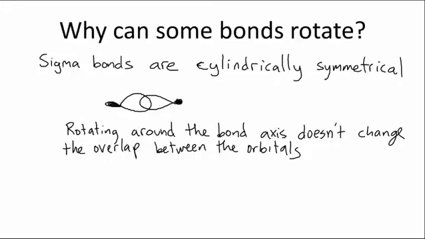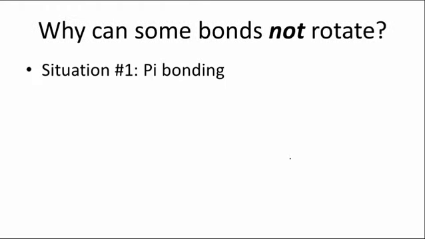So then what would cause me to not be able to rotate around a bond? Well, a double bond. A double bond has a pi bond. All right. And a pi bond is not cylindrically symmetric. Remember, a pi bond is overlap of parallel p orbitals.